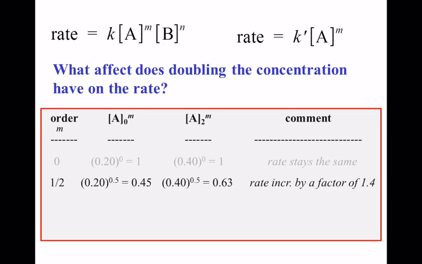Okay, let's take it up a notch. Now remember we said that reaction orders don't have to be whole numbers. Let's go with a reaction order of 0.5. So here we ran it once with the molar concentration of 0.2 to the 0.5 power. We get 0.45. We do that on calculators. If we double the concentration from 0.2 and make it 0.4, again raising it to the reaction order of 0.5, we get 0.63. In this case, it does go faster. Notice we don't have to worry about the pseudo constant K prime because it's constant.